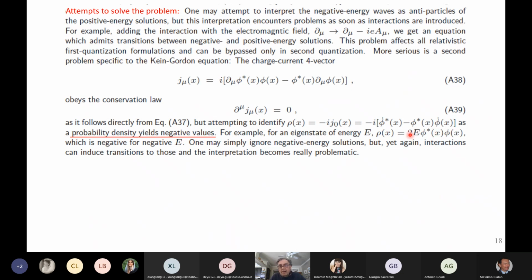And that's a problem. One can say, well, let's ignore negative energy solutions. The problem is that whenever you add a potential, an interaction between particles, negative and positive energy solutions mix. And then you really do not know what to do.